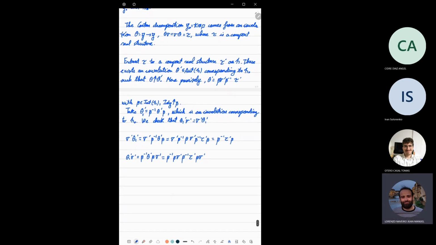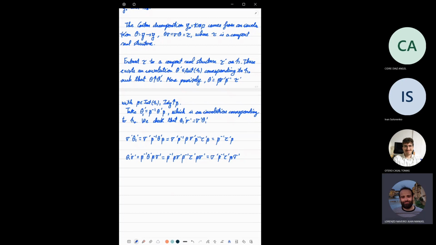And this first beta minus 1 cancels out with the beta. And this gives us sigma prime, beta minus 1, tau prime, beta, sigma prime. Okay, so if sigma prime and beta minus 1 tau beta commute, then we are done.